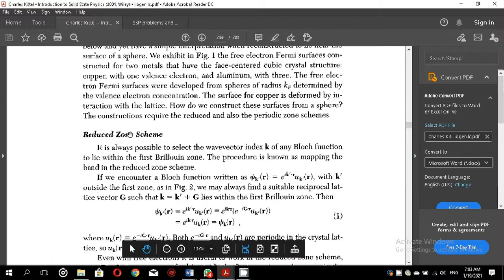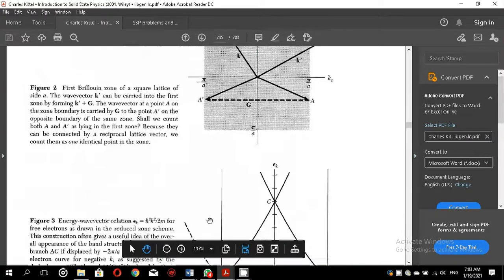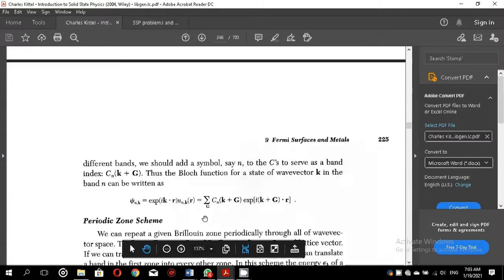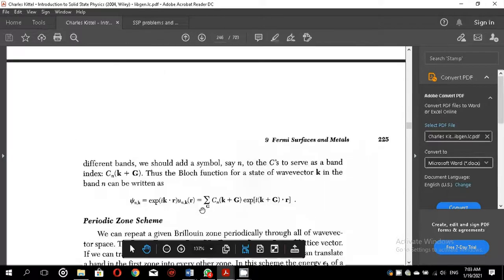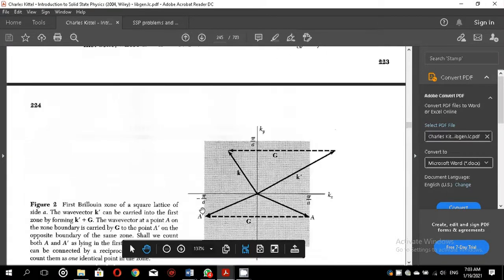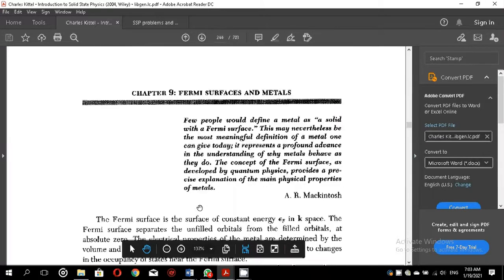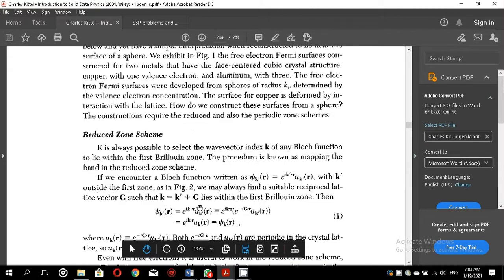We have a reduced zone scheme, then we have the periodic zone scheme, and then we have the extended zone scheme, somewhere written here. So what are these schemes?